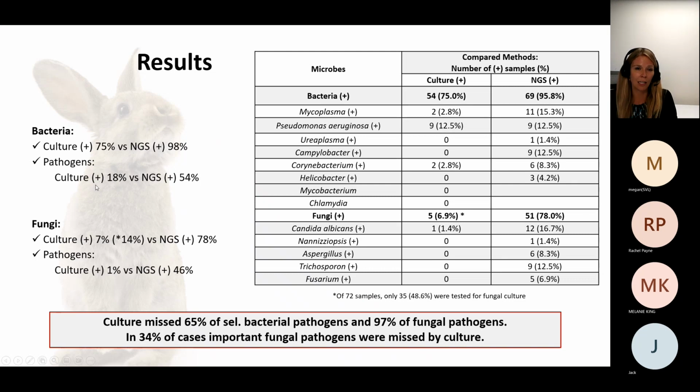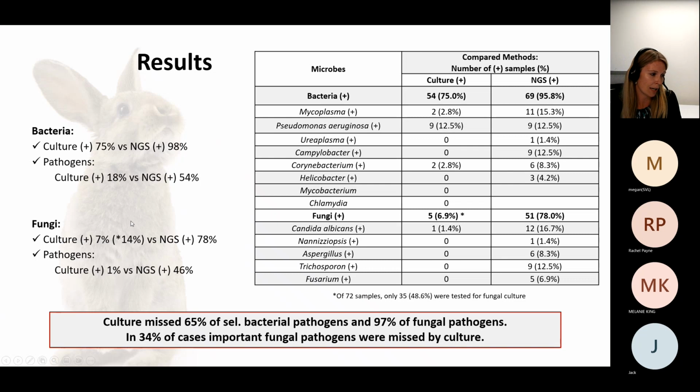Keep in mind, those were samples from a suspected or confirmed infection, and still only 20% of those had pathogens present. NGS testing had pathogens detected in more than 55% of those cases. The other ones were what is traditionally considered a commensal, but commensals can turn pathogenic, and I'll talk about that a little bit later in the other slides as well.